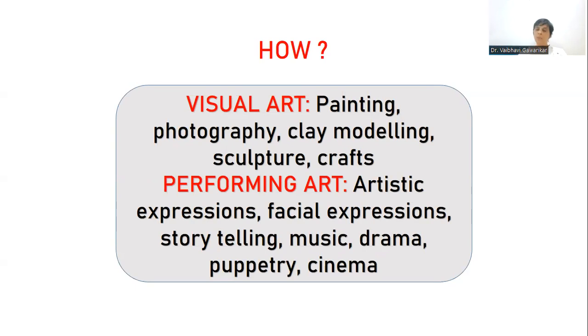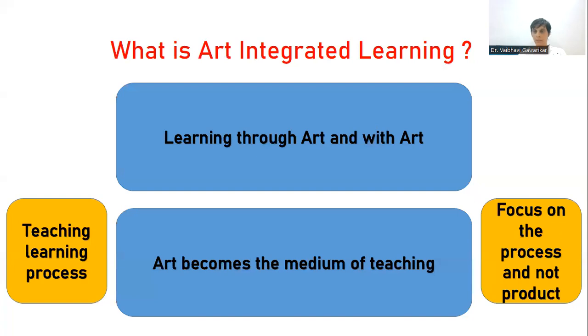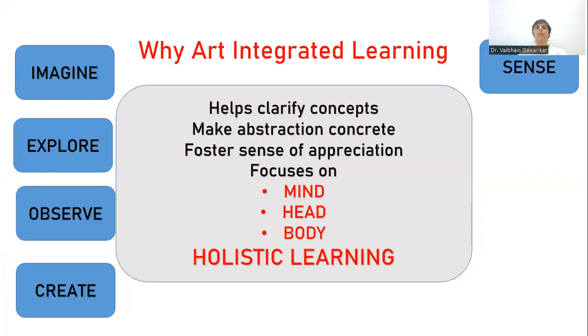So basically, this video discussed three very important ideas. That is, what is art integrated learning? It is basically learning through art and with art. It focuses on process and not product, and that is why it is very important. And it basically helps you to become very creative, very researching, very observant, and again creates a scenario where holistic learning can be thought of.